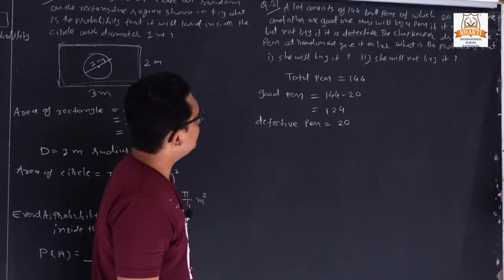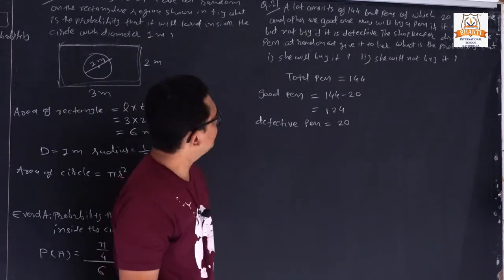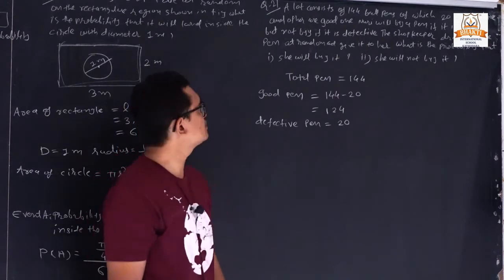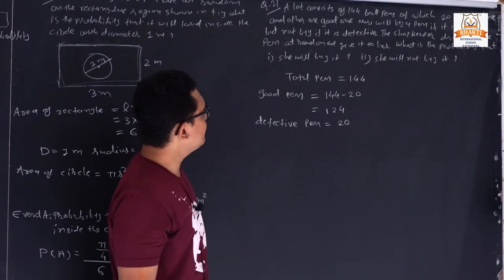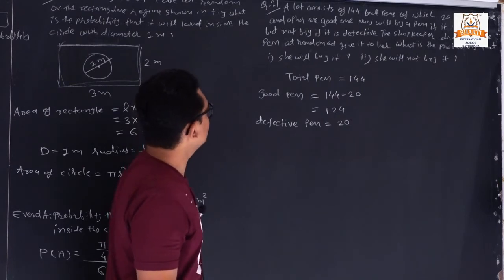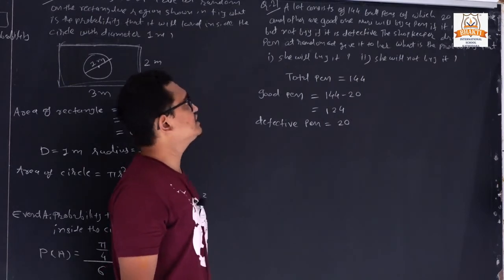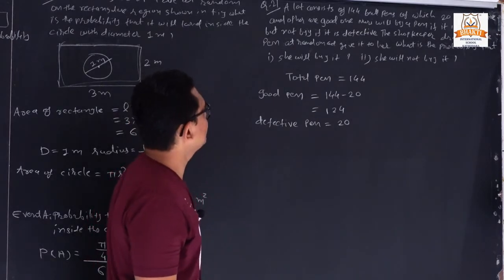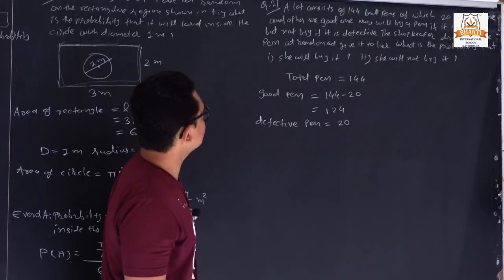So Nuri will buy a pen if it is good, but will not buy it if it is defective. Clear? If it is defective, then she can't buy. The shopkeeper draws one pen at random and gives it to her.